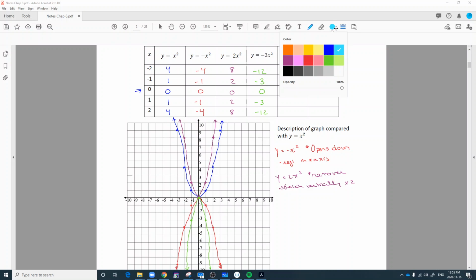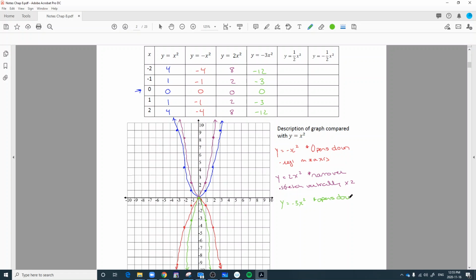Okay, so now we're going to do y is equal to 1/2 x squared. So now what I want, oh, sorry, I didn't finish that one off. If we're talking about y equals negative 3x squared, I want you to notice that it opens down. And that's because of that negative value that's making all the y values negative. And then it's also narrower.